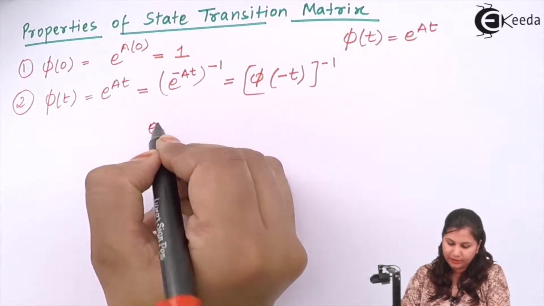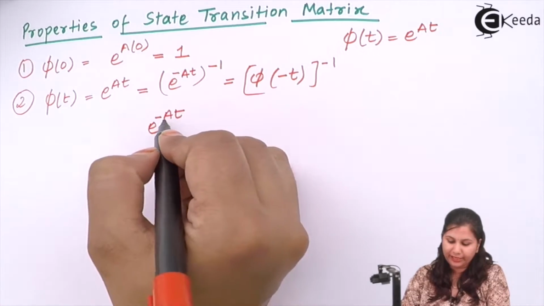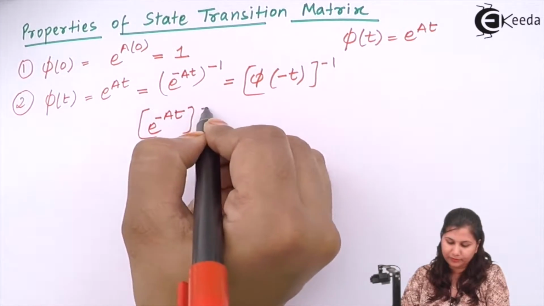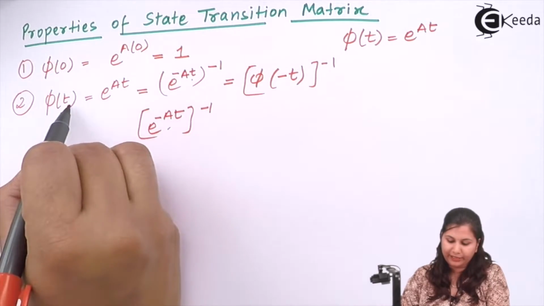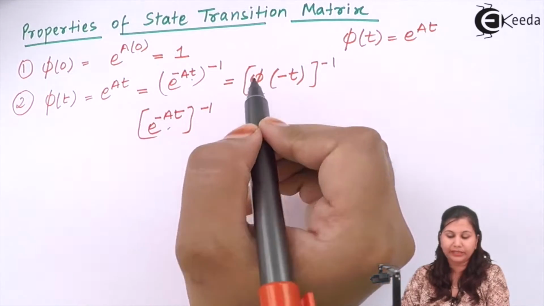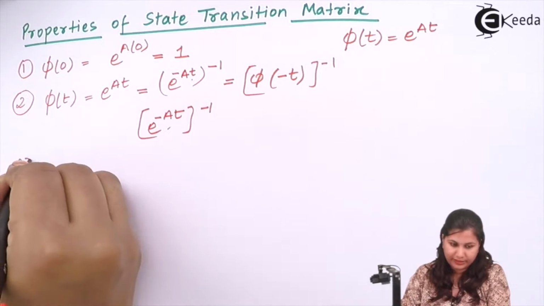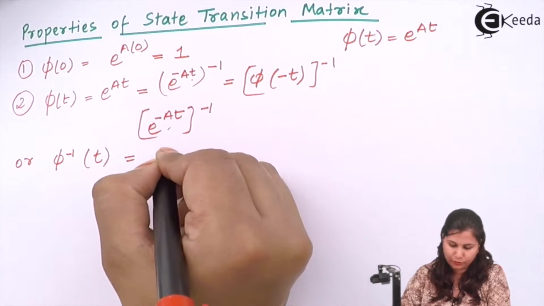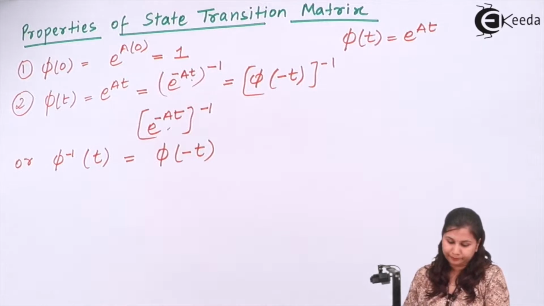We have e raised to the power minus At, where instead of t we are writing minus t. So if we take the inverse of phi(t), it will be equal to phi of minus t. Or we can say that phi inverse of t is equal to phi of minus t.